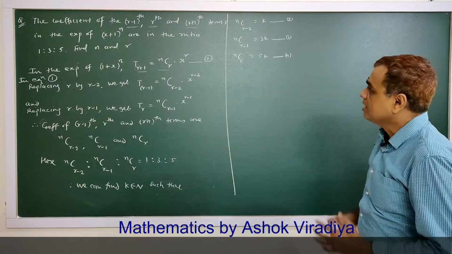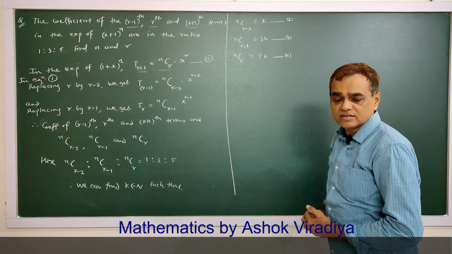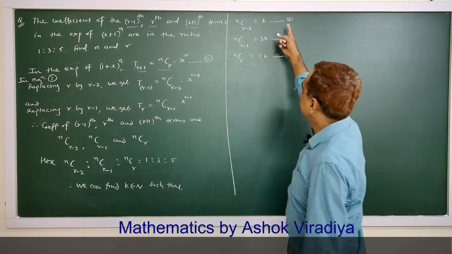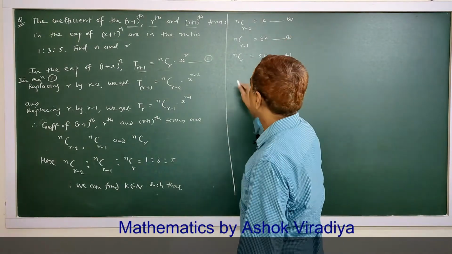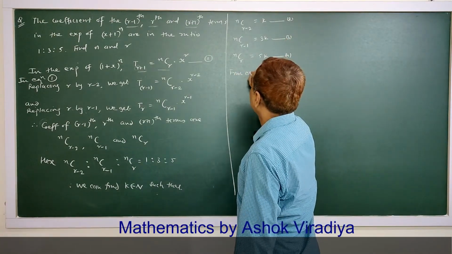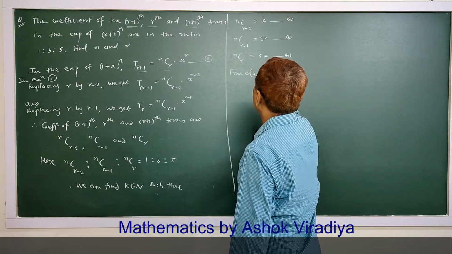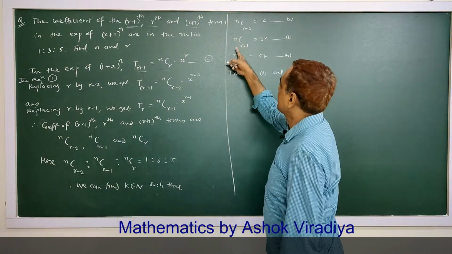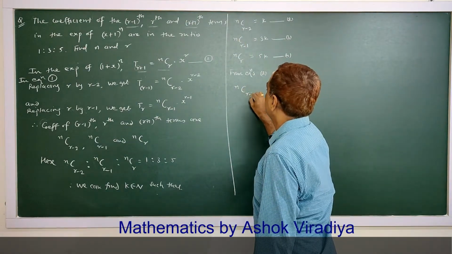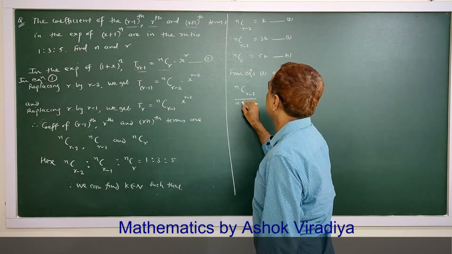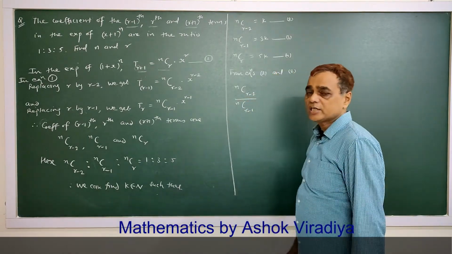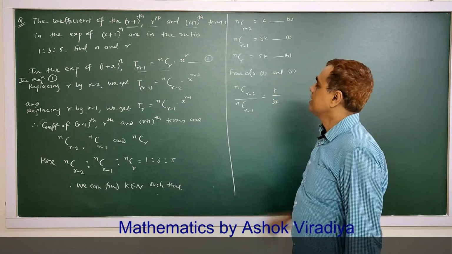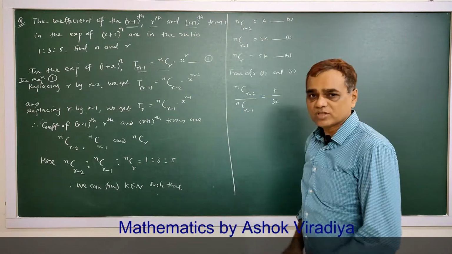Now, because we want the values of n and r, we solve these equations. First of all, I take the ratio of 2 and 3. From equations 2 and 3, LHS upon LHS is equal to RHS upon RHS.